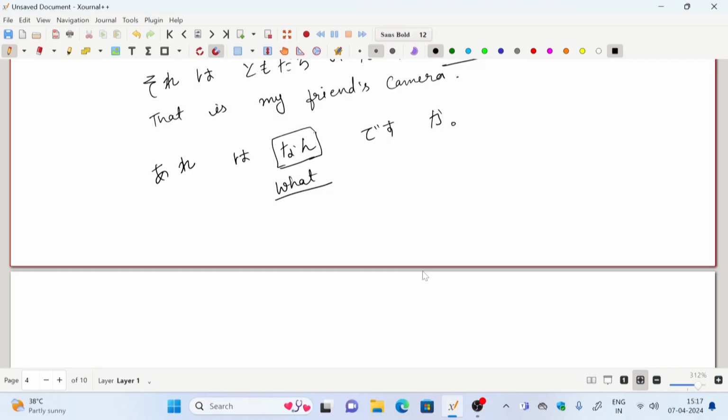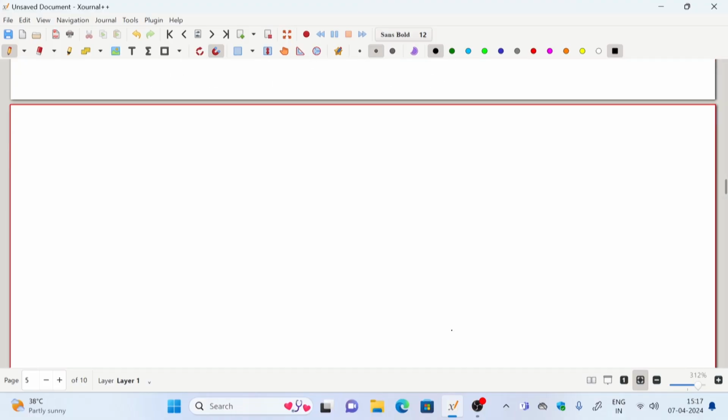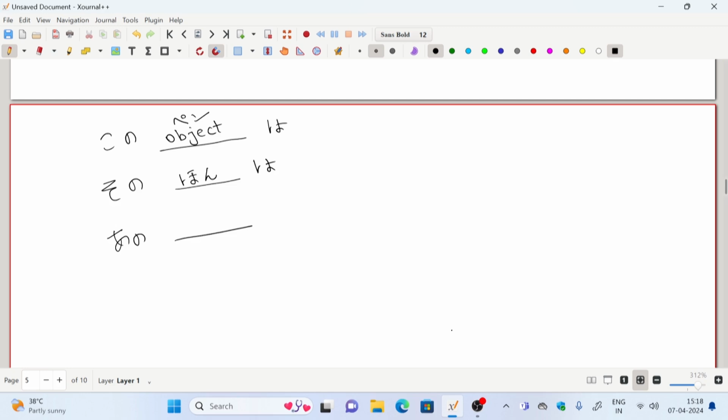So let's do it: kono, sono, ano. After kono, sono and ano, the particle wa will not come directly; it comes after the object. So kono pen wa, sono hon wa, book is hon, or ano camera wa.